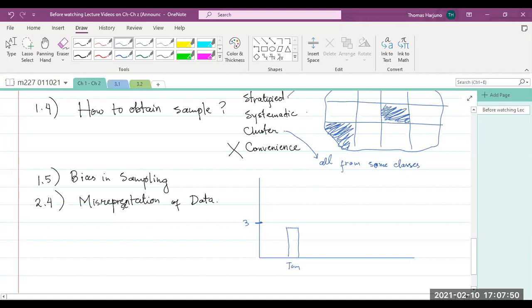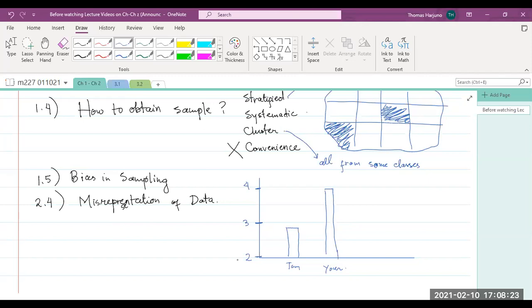And then your GPA is 4. And because nobody has a GPA less than 2, that person starts from 2. Now, when you draw it this way, it seems like your GPA is at least twice, more than twice higher than mine.